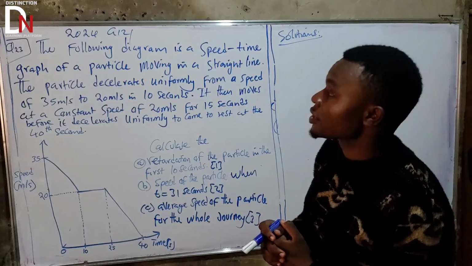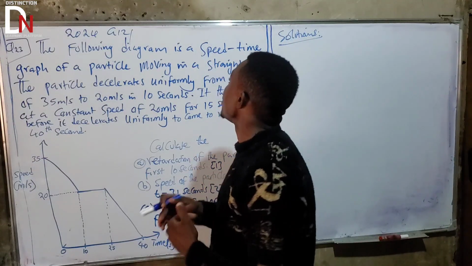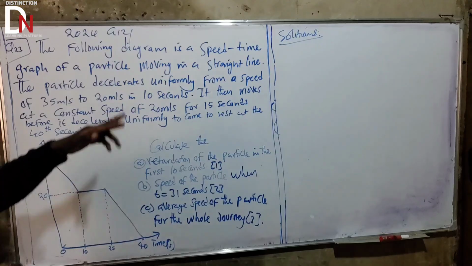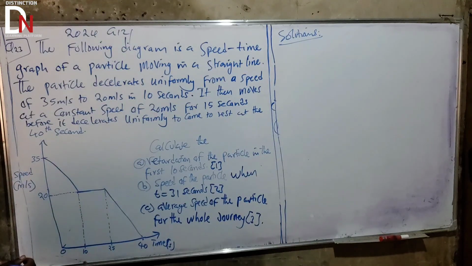The question reads: the following diagram is a speed time graph of a particle moving in a straight line. The particle decelerates uniformly from a speed of 35 meters per second to 20 meters per second in 10 seconds.